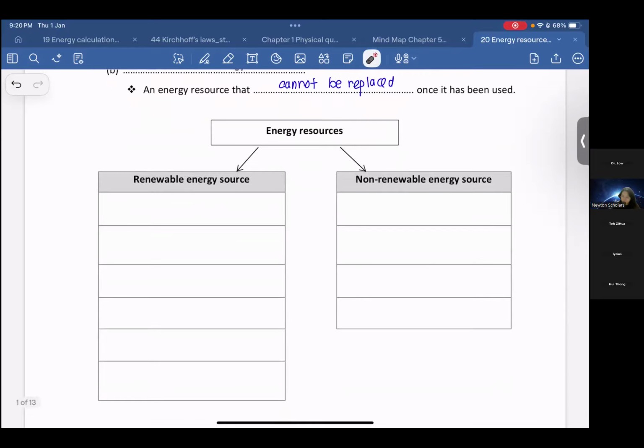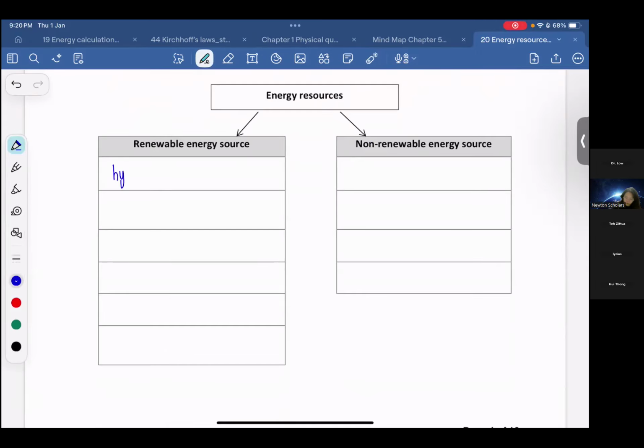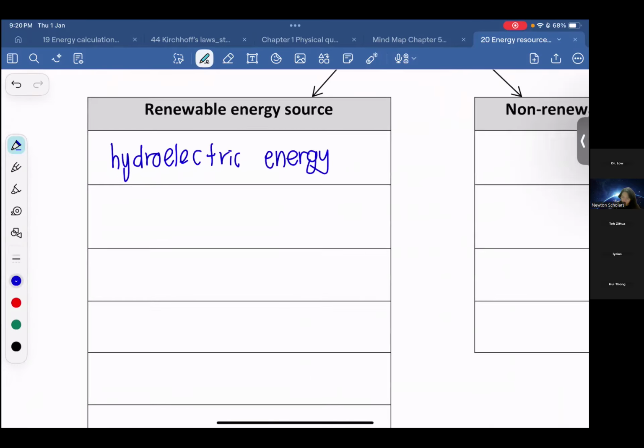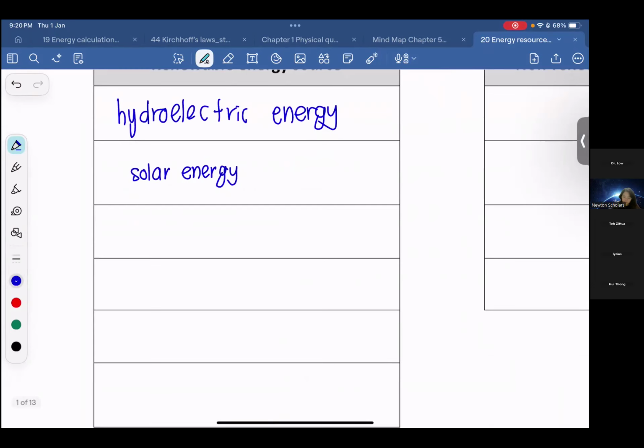Okay, so for renewable, there are a lot, so we give some examples. Hydroelectric energy. Then what else? Solar energy. You cannot say light energy here. No, it's solar energy. Okay, geothermal also. Geothermal uses thermal, that means heat. Geo is our earth.